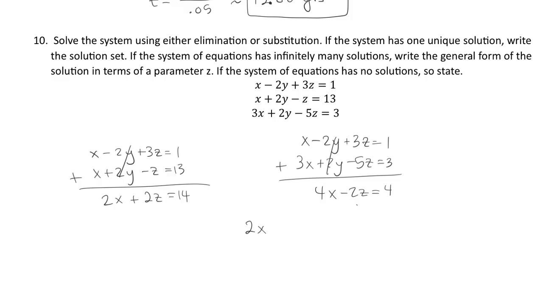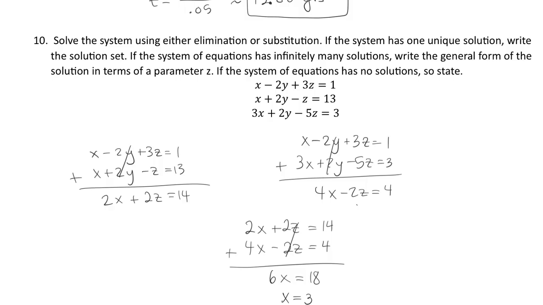So if I combine those, so now z is going to cancel. We have 6x is equal to 18. So x is equal to 3.